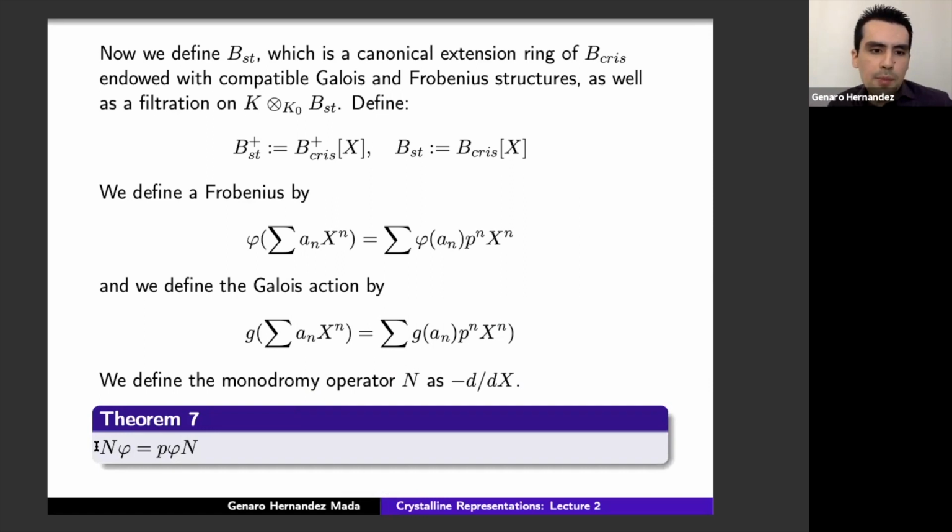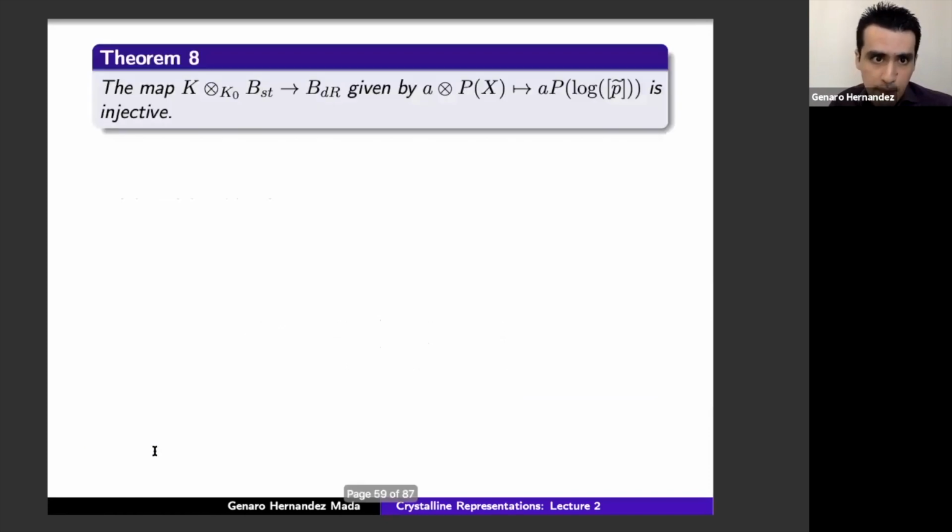So monodromy and Frobenius almost commute, except for a factor p. And I have this map from this tensor product, B_st to B_dR, given in this way.